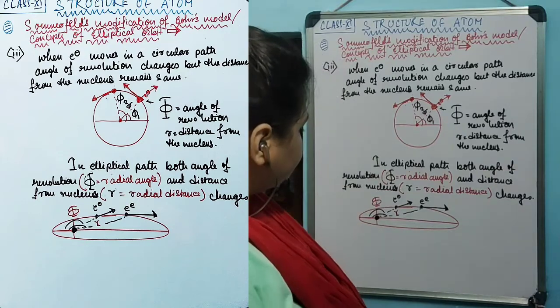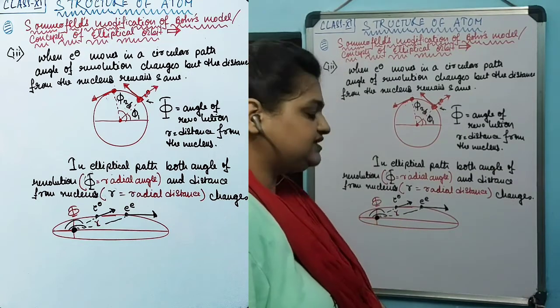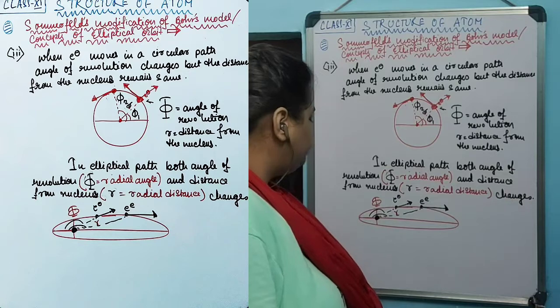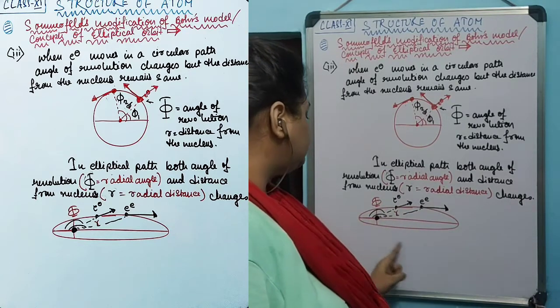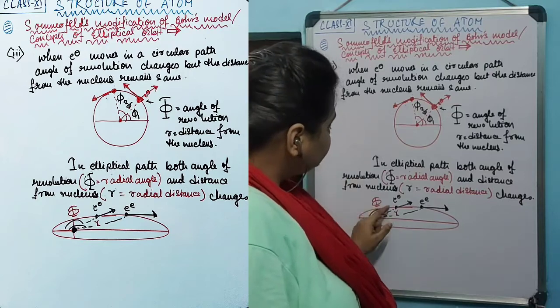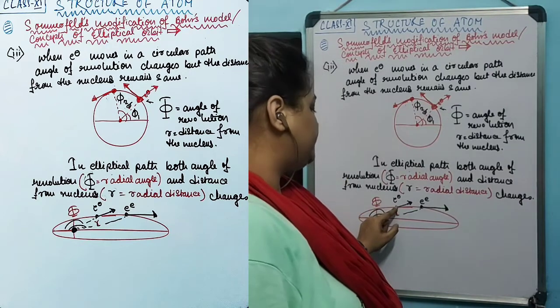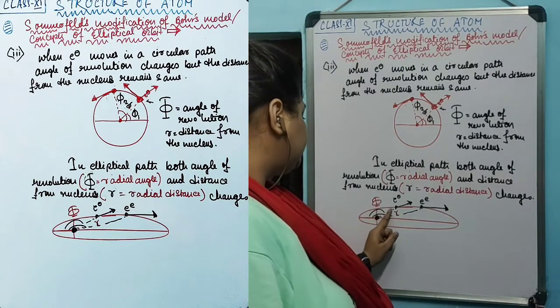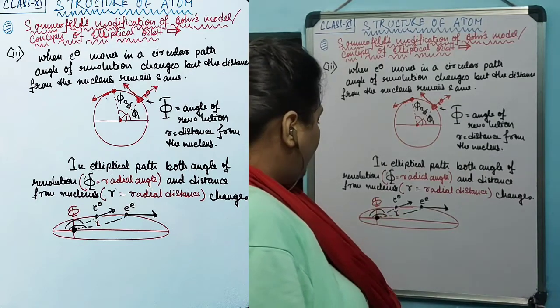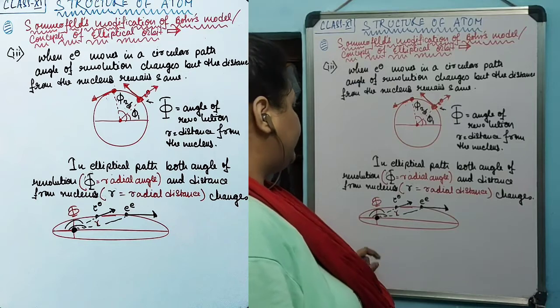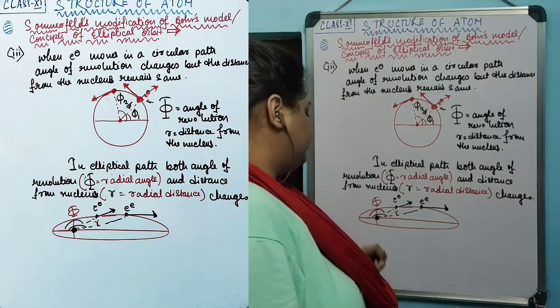Like in this case, the nucleus is situated at the focus of this elliptical path, and the electron is moving around this elliptical path. At this instant, the electron is situated here. The distance from the nucleus is represented by this dotted line, and the angle of revolution, the radial angle phi, is this one.